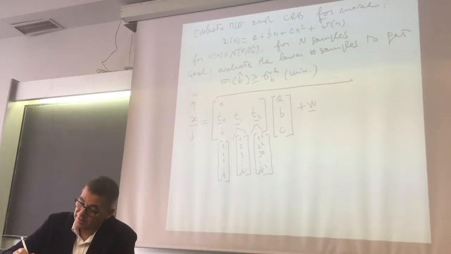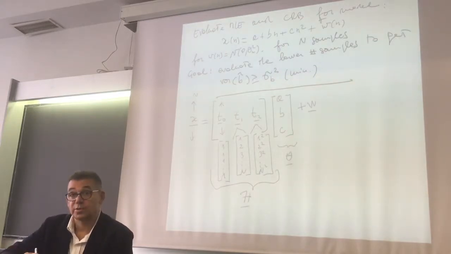So in our canonical way, this is the matrix H, this is the vector theta, and so forth.